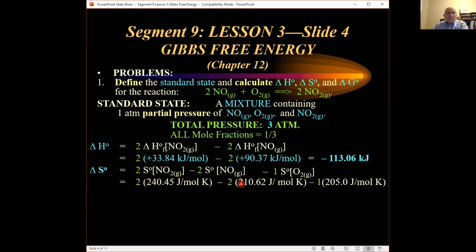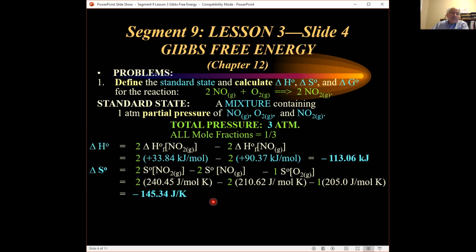And then minus twice the NO value, 210.62 joules per mole per Kelvin, again times 2 moles. And then the oxygen value is 205.0 joules per mole Kelvin. And when you do the math, you get minus 145.34 joules per Kelvin.